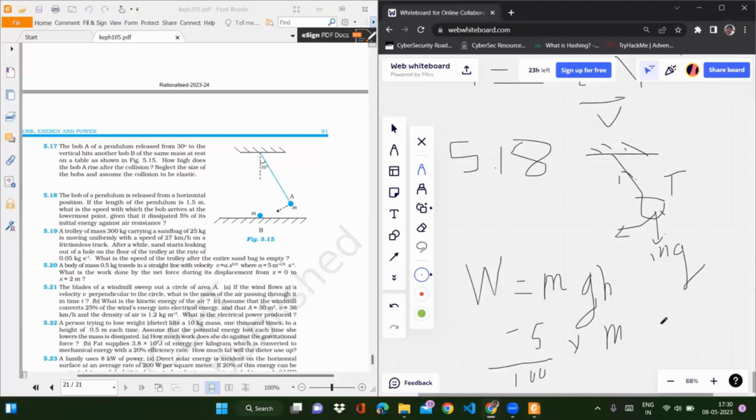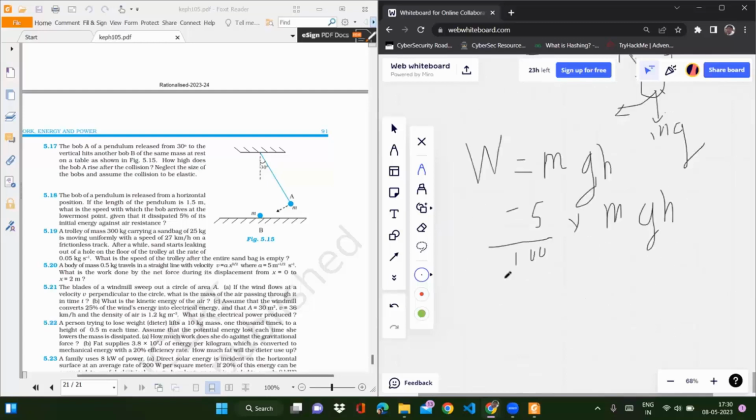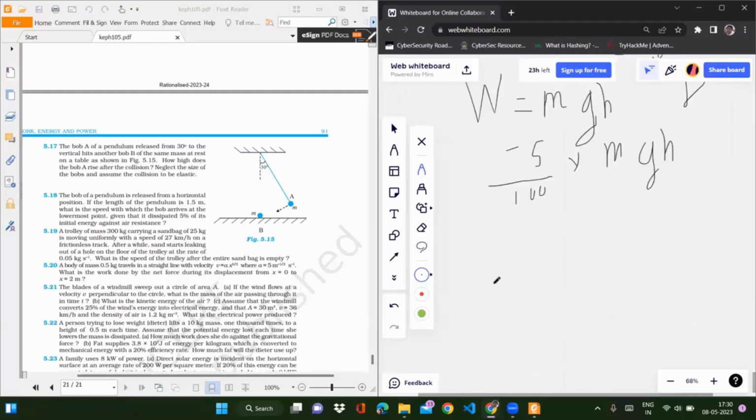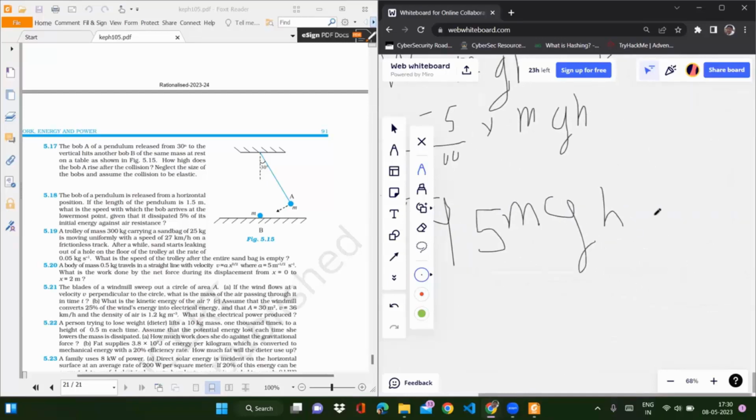So the net potential energy which is changed to the kinetic energy is actually 0.95 mgh, and by the work energy theorem this will be equal to half mv squared.